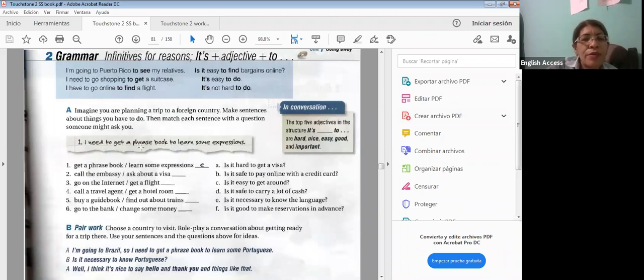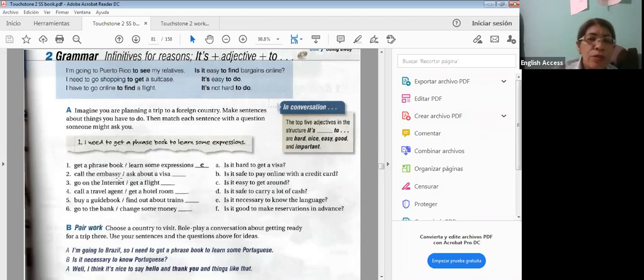And we learned how to use it's plus adjective plus to, again, to give a reason. So once again, we have here some examples. I'm going to Puerto Rico to see my relatives. I can say, I'm going to Mexico City to visit my cousins.